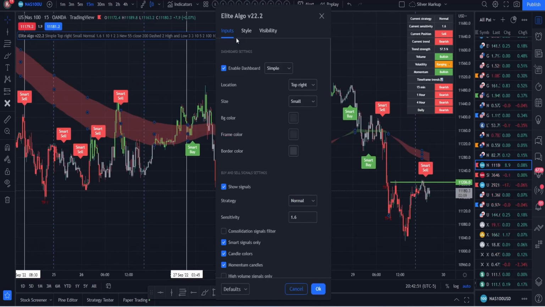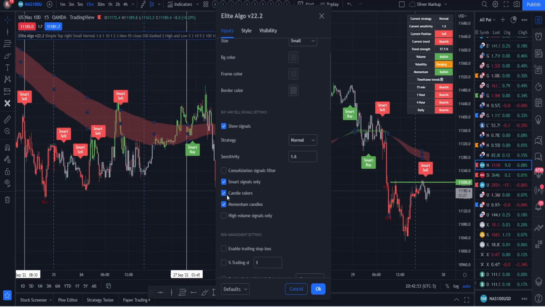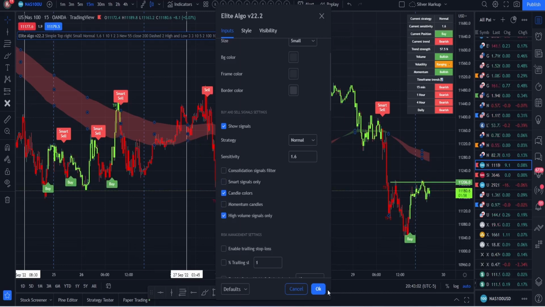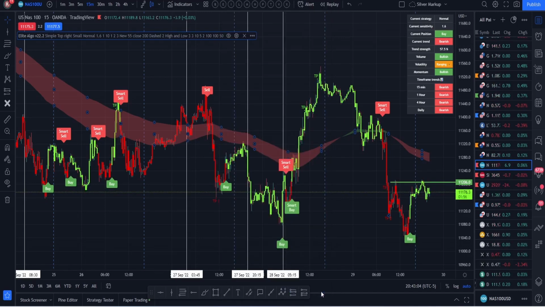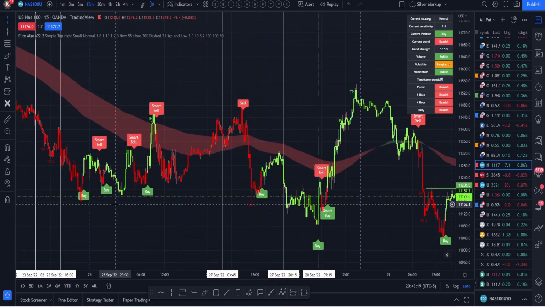The next part is high volume signals. Let me take it off of smart signals because you don't want to put all of them together. I mean, you can, but you'll be really, really specific. The high volume signals only is going to tell you where the volume is kicking in the market. So if you're a volume trader, you trade a lot of volume entry level things, you can use this to maybe confirm your volume trades or confirm breakout trades.